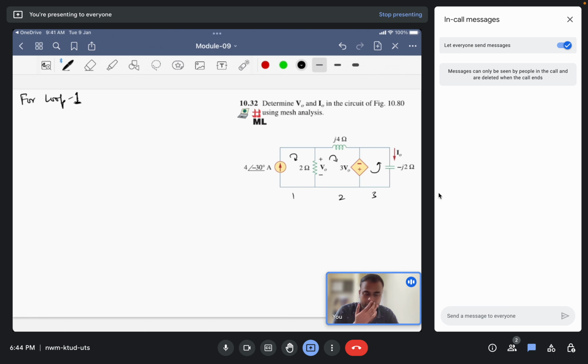So for loop 1, the current is already given. So I1 is equal to 4 angle minus 30.